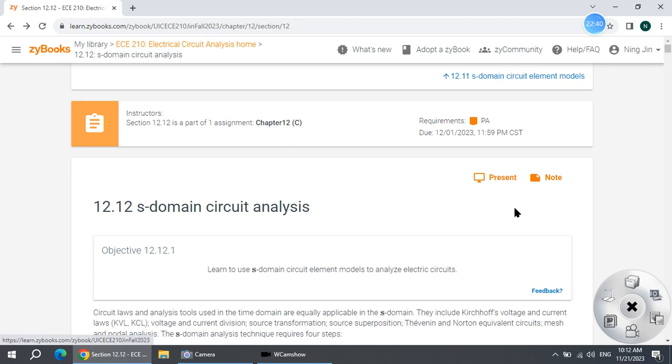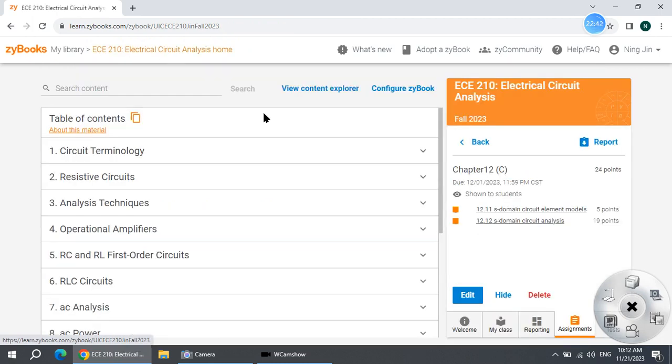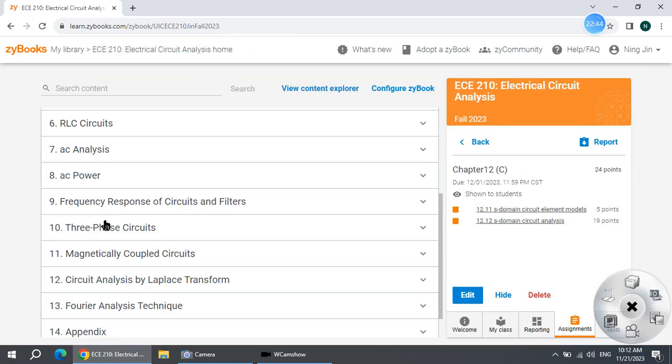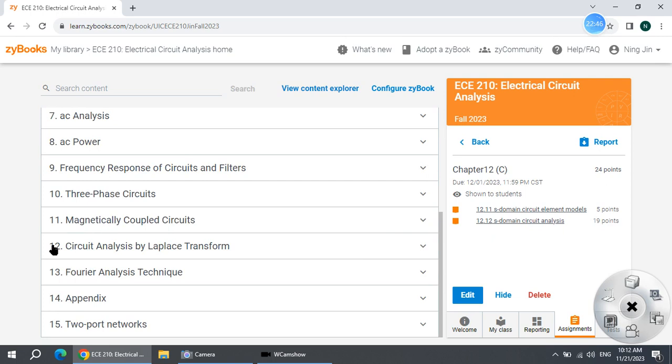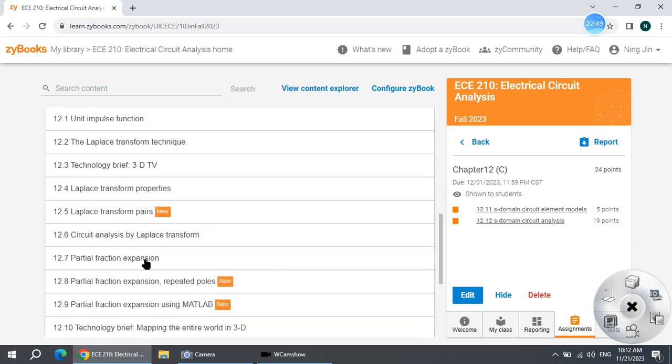Now go to the table. The table is in chapter 12. This is Pierce, Laplace transform pairs.